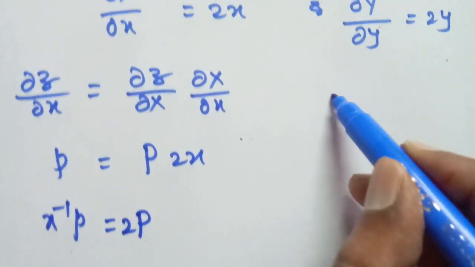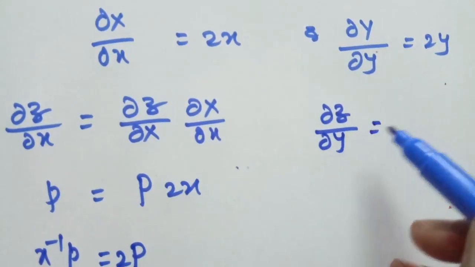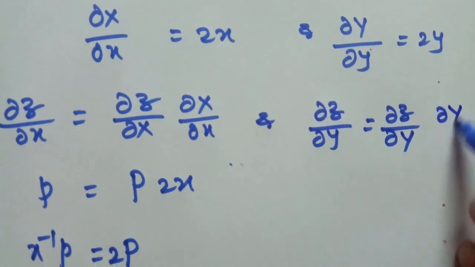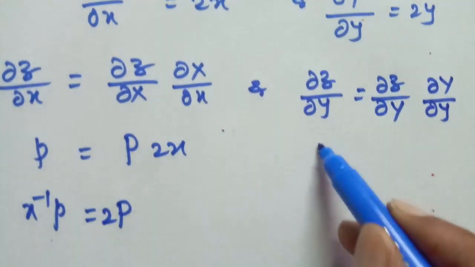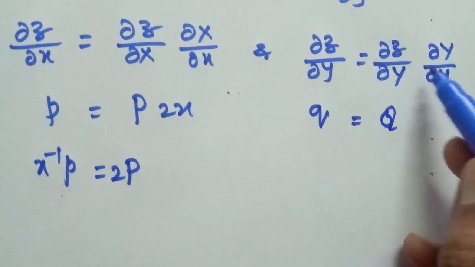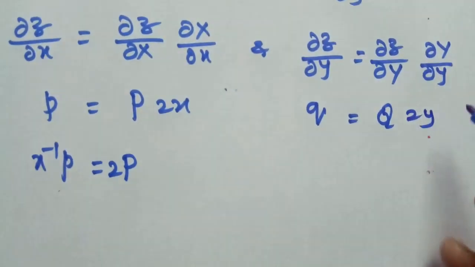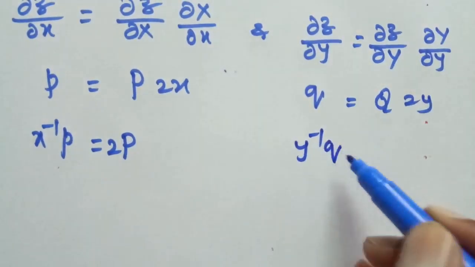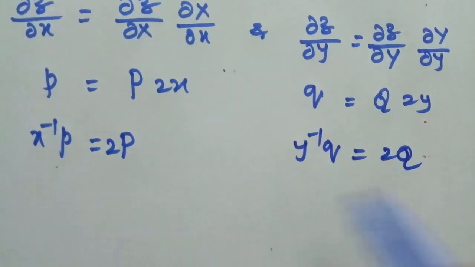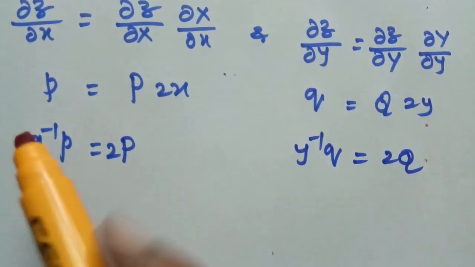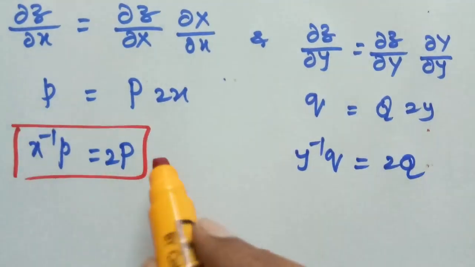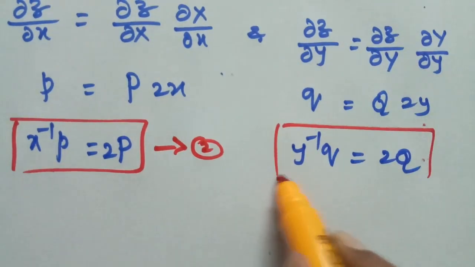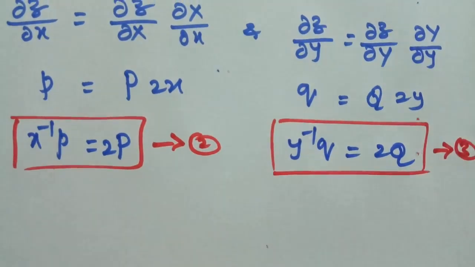Here also dou z by dou y is z with respect to capital Y, and capital Y with respect to small y is 2y. Therefore, small q is equal to capital Q into 2y, and writing y on the left hand side, y power minus 1 into q is equal to 2Q. Say this is equation number 2. Say this is equation number 3.